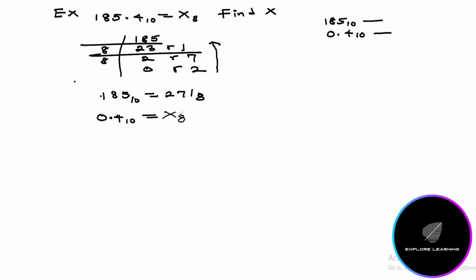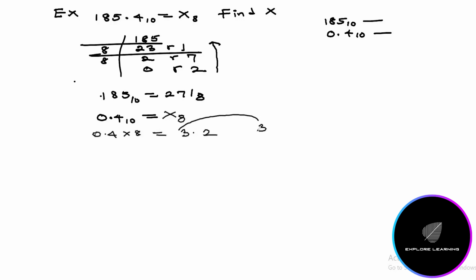So the other part is going to be 0.4 base 10, which we want to convert to base 8. So all we need to do is to multiply 0.4 by 8. Now if we do that, we're going to get 3.2. Now the rule says that we should take the value before the decimal point, which is 3.